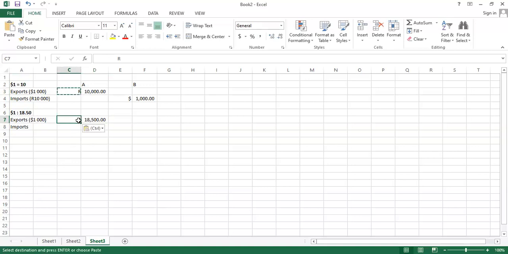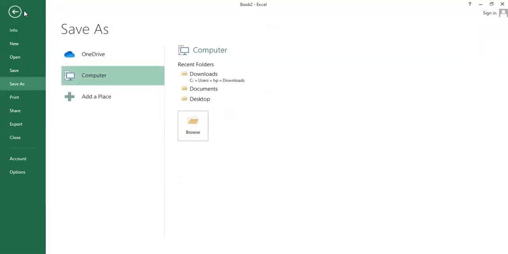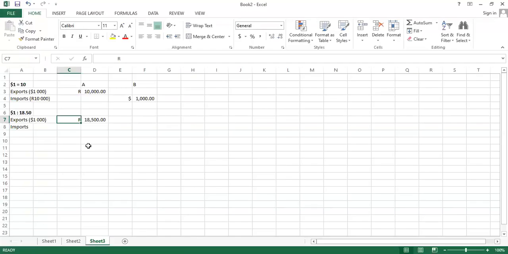It's unlikely that domestic prices are going to change. They are most likely going to remain the same. So holding all other things constant, our export industry is now gaining 18,500 from 10,000 as a result of this change.